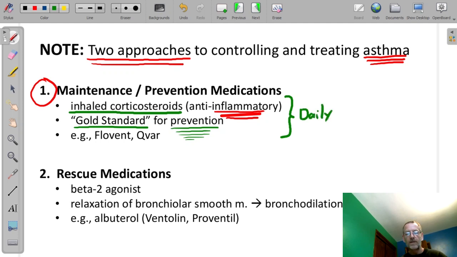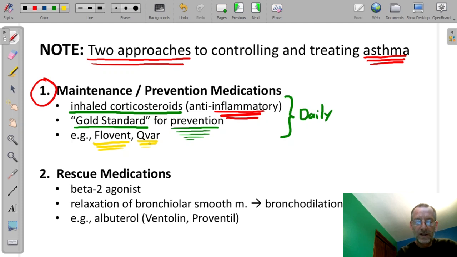They're inhaled, and there is very little of the medication that gets into the systemic circulation. Being inhaled, it tends to stay directly in the lungs, on the lung tissue. A couple of examples of inhaled corticosteroids are Flovent and Qvar, trade names. So it would be good if you recognize Qvar or Flovent as an inhaled corticosteroid to prevent asthma from occurring, to try to control it.